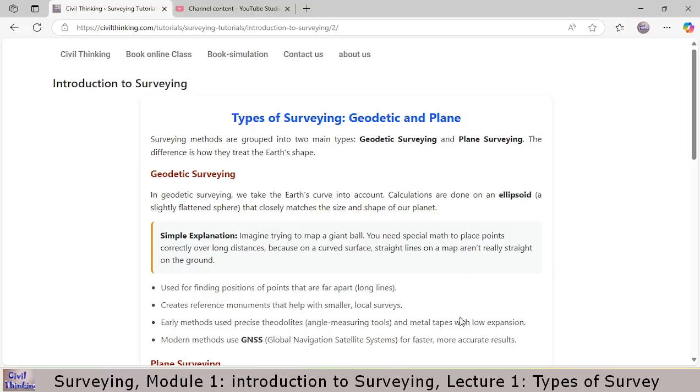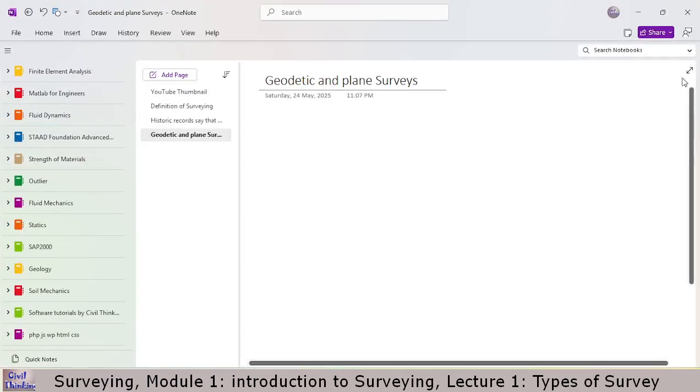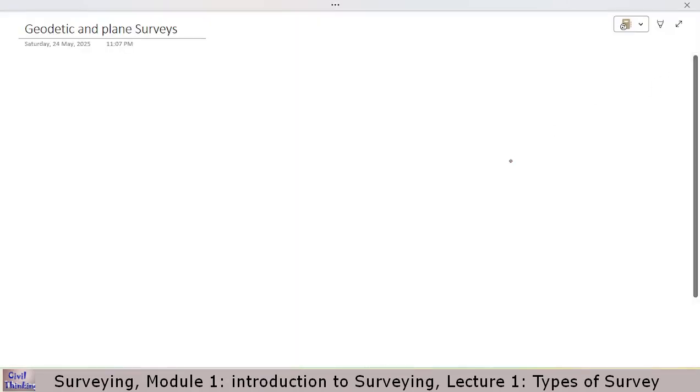So if I write about this here, the types of survey are geodetic and plane.